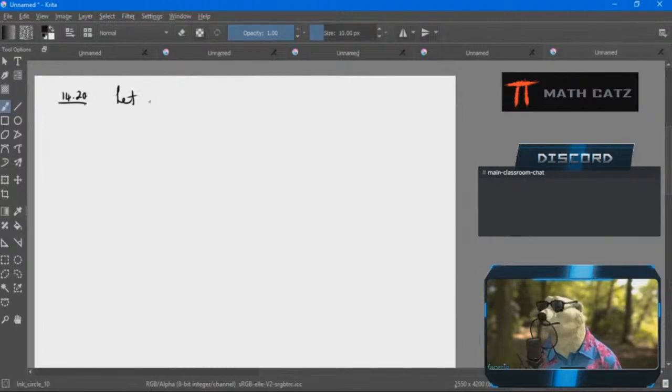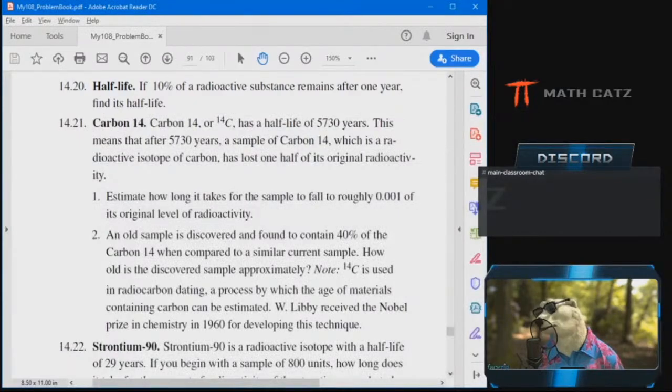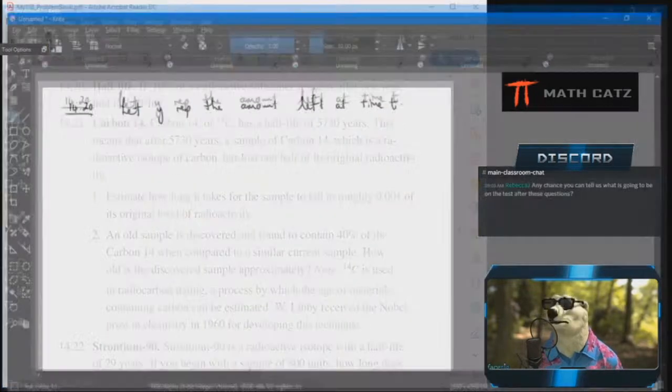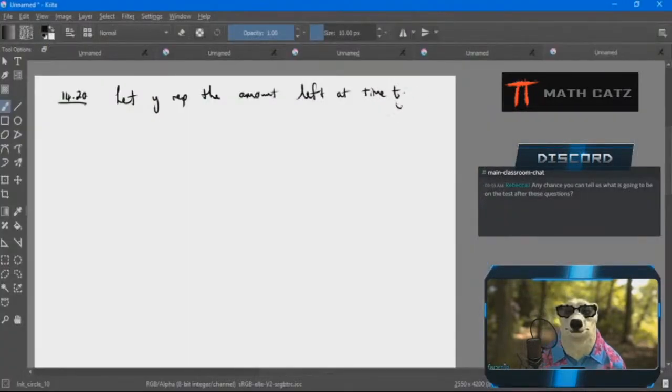So we have to define maybe a y again. Let y represent the amount left at time t. Do they give a time unit for me? Year, yes. Years.